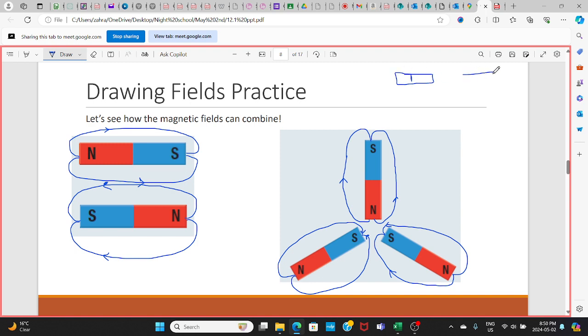Again, you know that when we had this is the north, and here is, let's say, south, right? Here is south. Normally, this is like that, right?